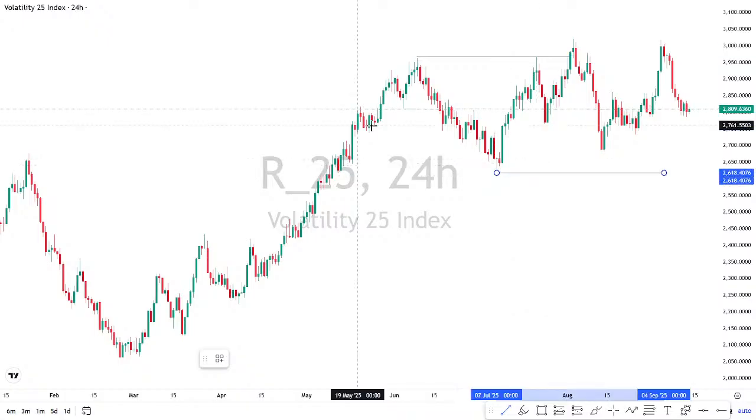If market comes back to take this low, it means that we have a change of character. That is, market is about to change the structure. So we are marking out that low, and currently you can see the market has not taken out that low. So we still have our current trend to the upside.